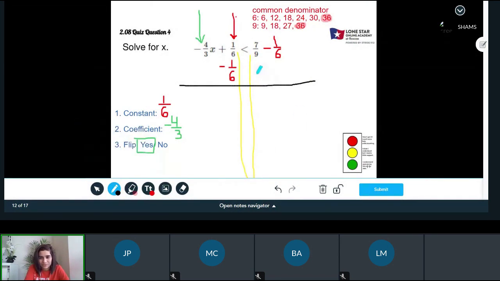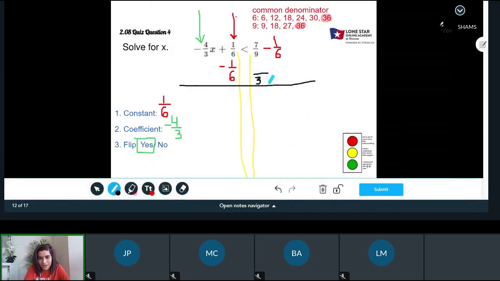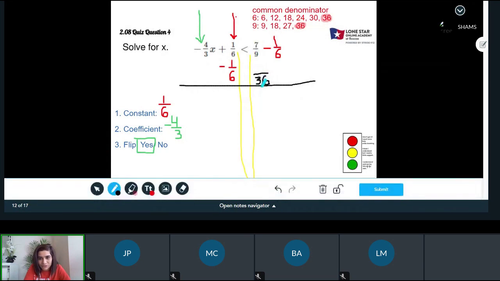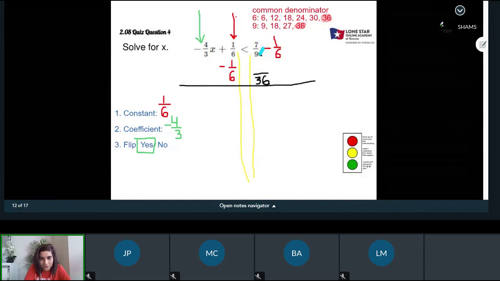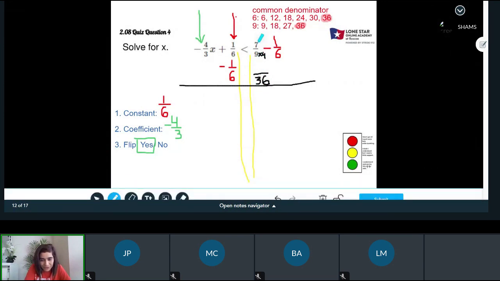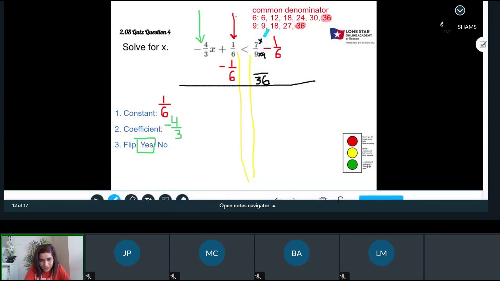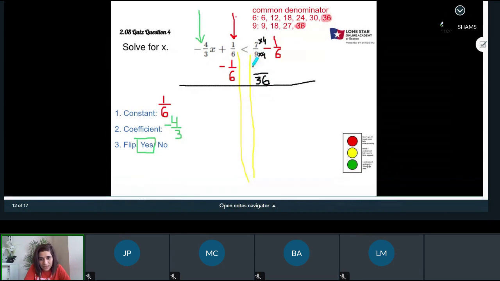So let's see. 7/6 will have a denominator of 36. And so 9, how many times to get to 36? I do 9 times 4, so I'll do 7 times 4 to get to the numerator. And that gives me a numerator of 28. 7 times 4 is 28.